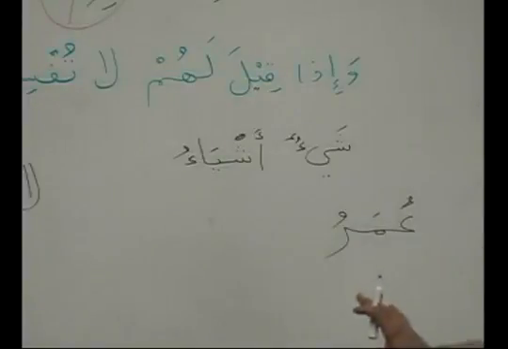This is also diptote. Decline it, brother. Umaru, Umara, Umara. We have to remember that. Fine. Maza turidu ya Umar? Now Umar is replying: Uridu kalaman. I want a pen. Fine. Ma indaka kalamun?